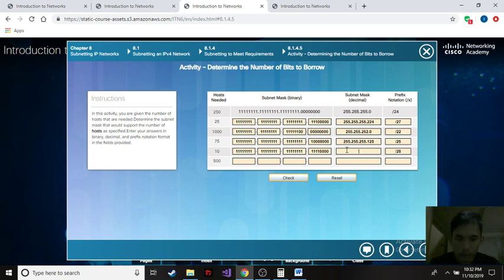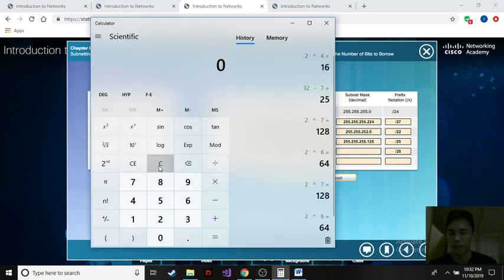Then we will compute this part. 4 ones. So we'll just keep adding 128 plus 64 plus 32 plus 16. 240.